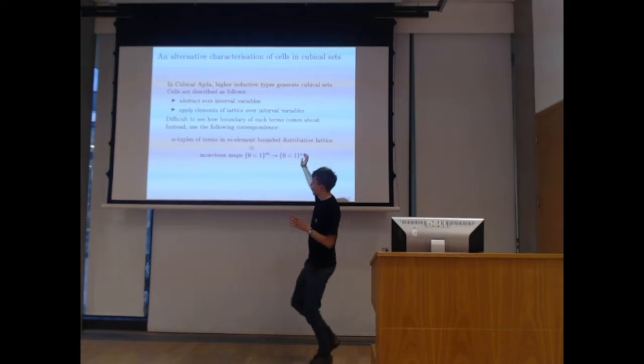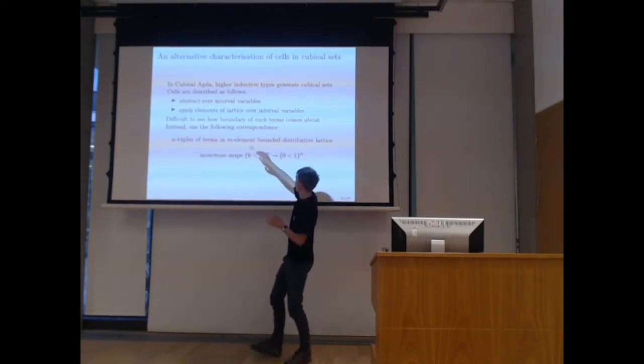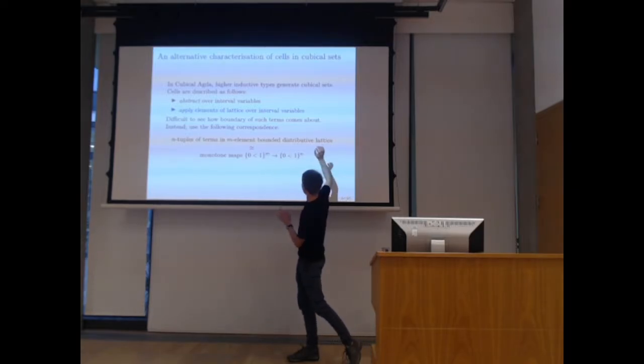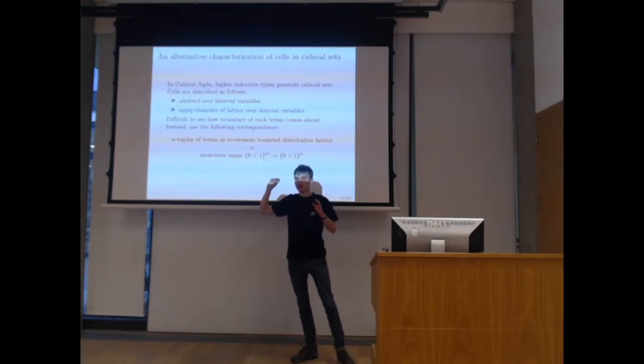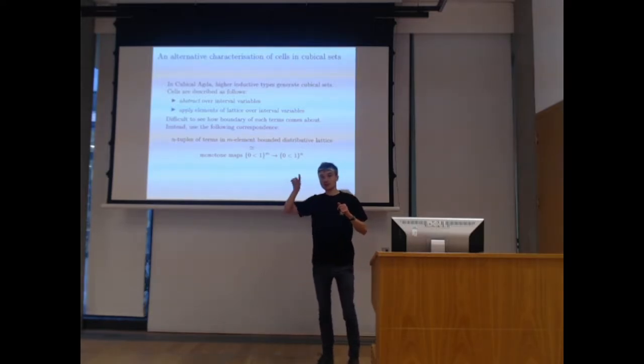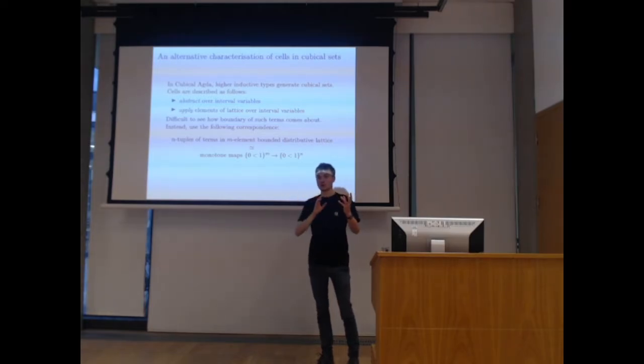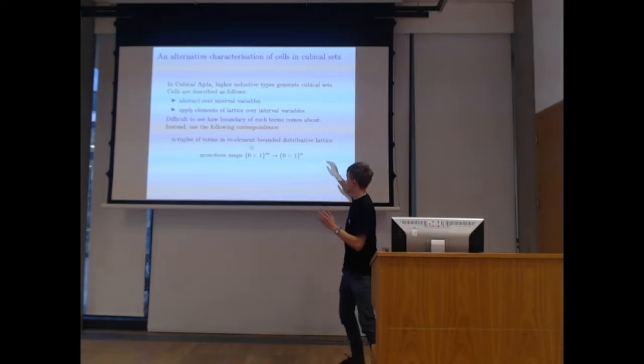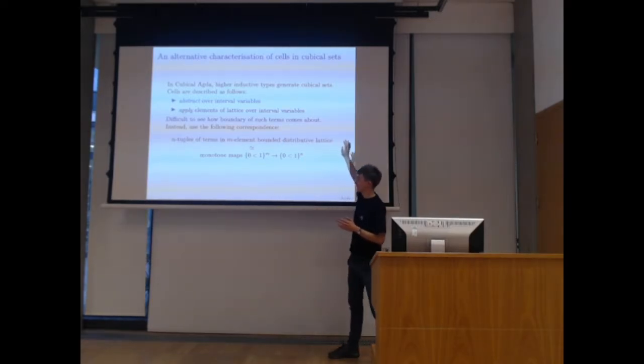An n-tuple of terms in a lattice with m elements corresponds to having m abstractions over interval variables and then applying n formulas to a term that you have given as a construct of the higher inductive type. So this is how we talk about a cell in Cubical Agda.